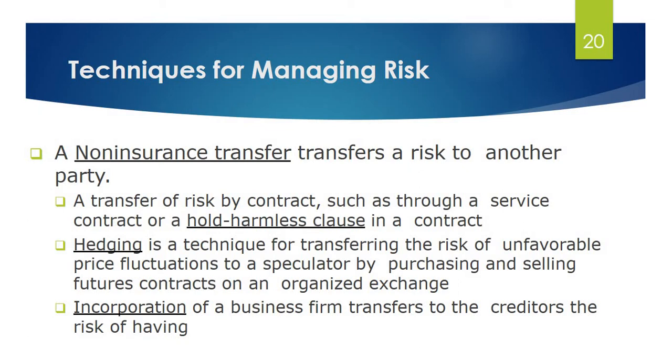With these contracts, someone can hedge the risks, and an organization or individual, by taking these contracts like futures contracts, forward contracts, or options, can transfer the risks. Incorporation of a business also transfers the risks to other investors as well.